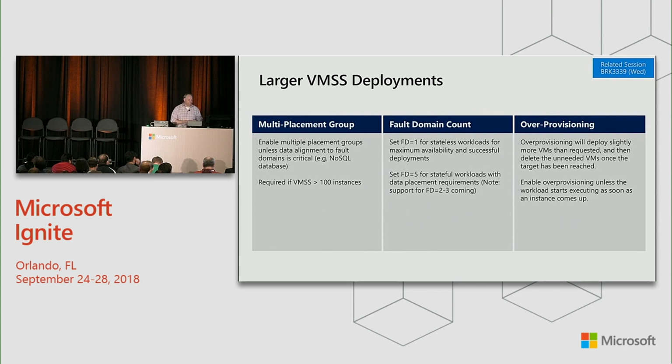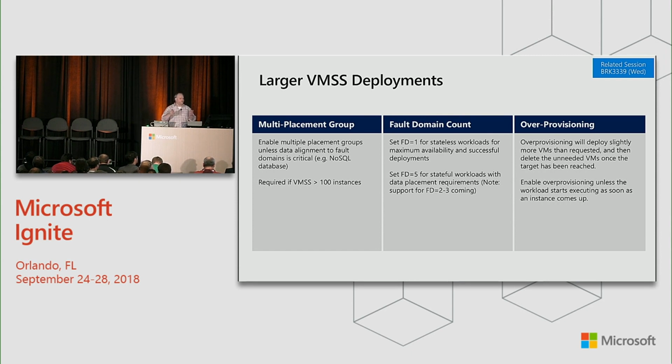Now, as you go to larger deployments, and again, there'll be a deeper dive into these in a session later this week, one of the several questions that come up is multi-placement group. If you're doing a deployment that has placement guarantees, so let's say that you're doing a NoSQL deployment and the data is replicated across three separate instances, and you want to make sure that those instances are in separate fault units, or what we call fault domains.